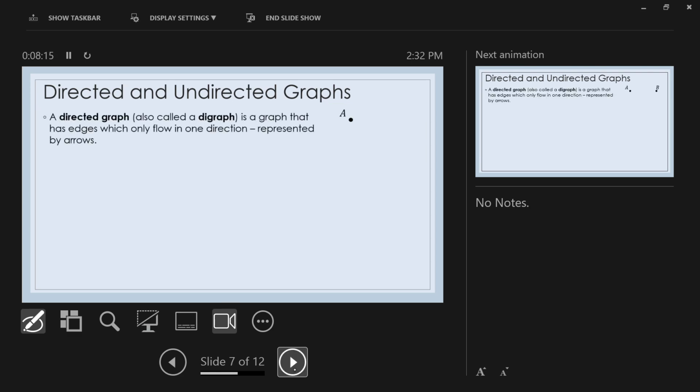So, a directed graph, or sometimes called a digraph. Here is an example of a digraph. We have directions. Now you don't need to have directions across every single line. With this one here, we have directions on every single line. You don't actually need to do that.